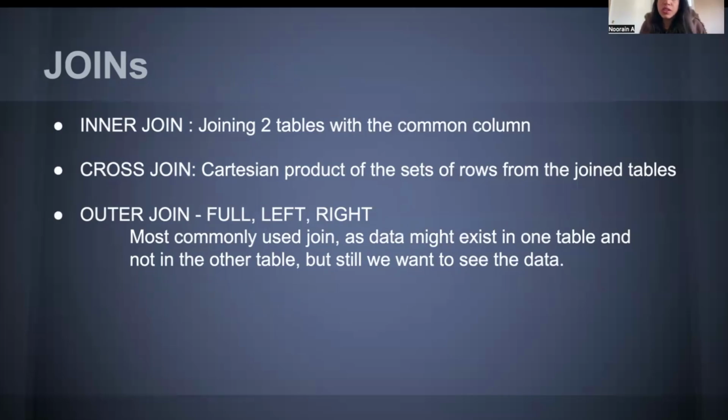Inner join means joining 2 tables with a common column. For example, I have 2 tables, right? I have an employee table and I have a salary table. In both the salary table and the employee table, we have a field called employee ID.